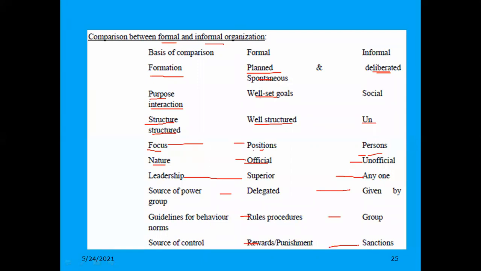Here, sanctions. So like this, you are comparing the other, coming to the procedures. So these are the main comparisons of organizations between formal organization and informal organization. Understood? Right. Next, coming to the next slide.